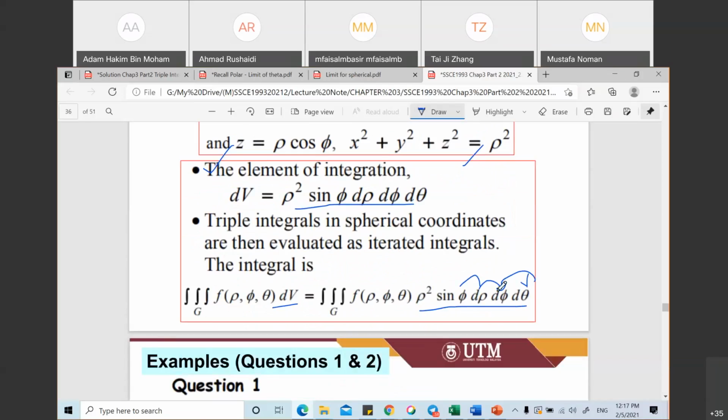We cannot put d phi first or d theta first. Just follow as usual. The rho limits must be functions of phi or theta or both, or phi only or theta only. Your phi limits should be functions of theta only, not rho, and theta will be constant like usual.